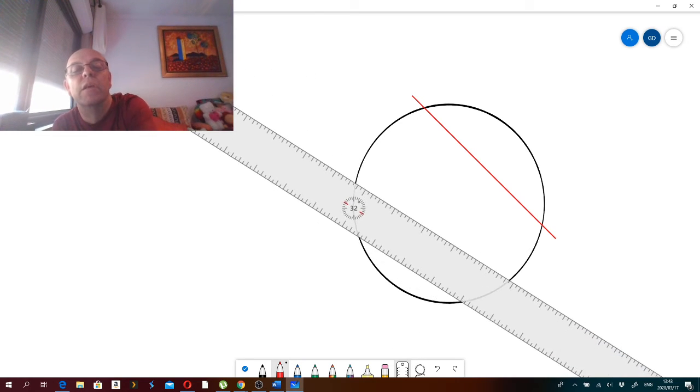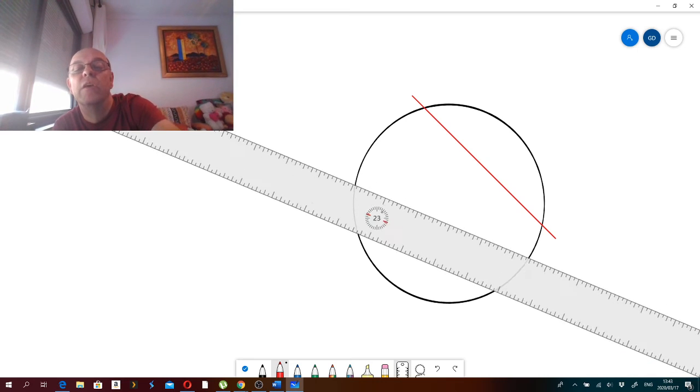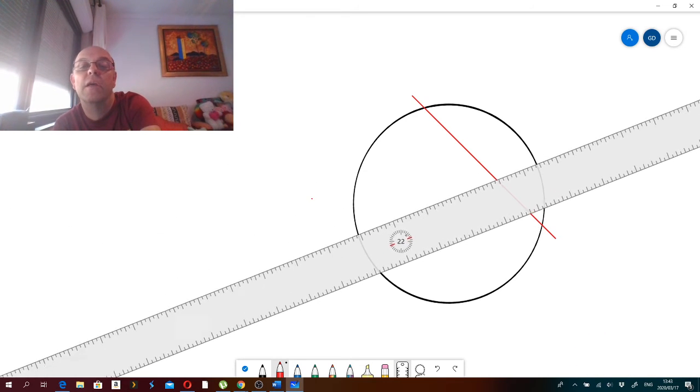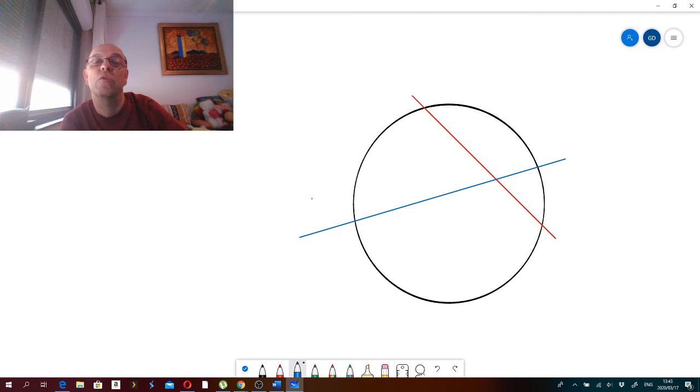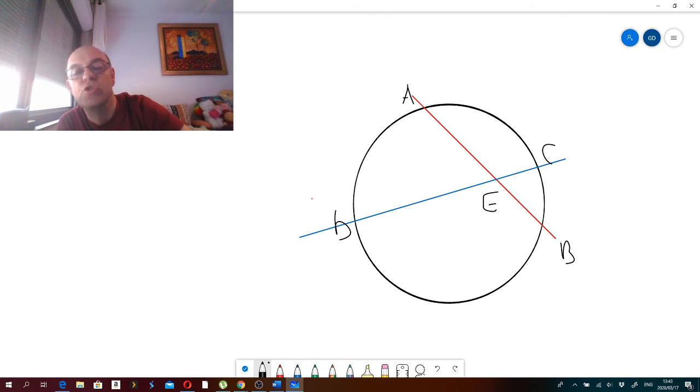Oh, there we go. If I take it with 2 fingers, it'll do it. And let's cut another line over here. There we go. Now we've got two chords, and you can see they are cutting at a specific point. So we'll call this point A and B, and then C and D, and they're cutting at E. So we've just drawn what they've asked us to draw.